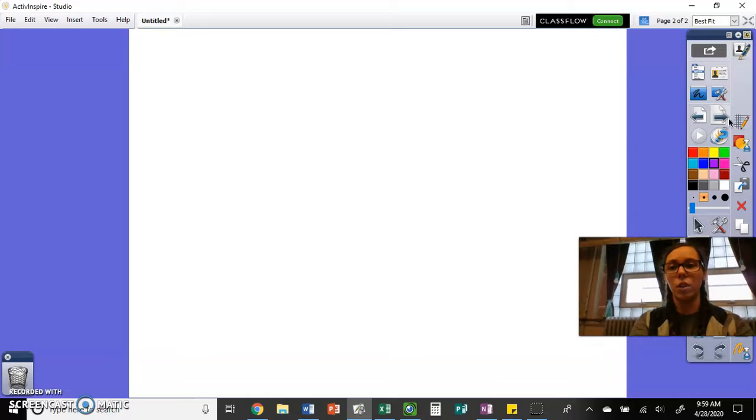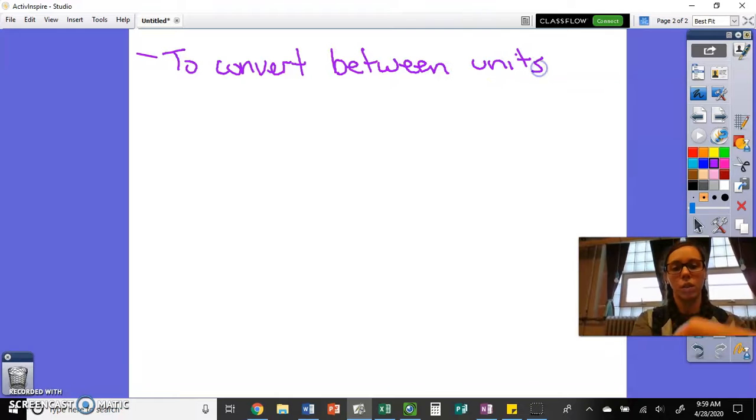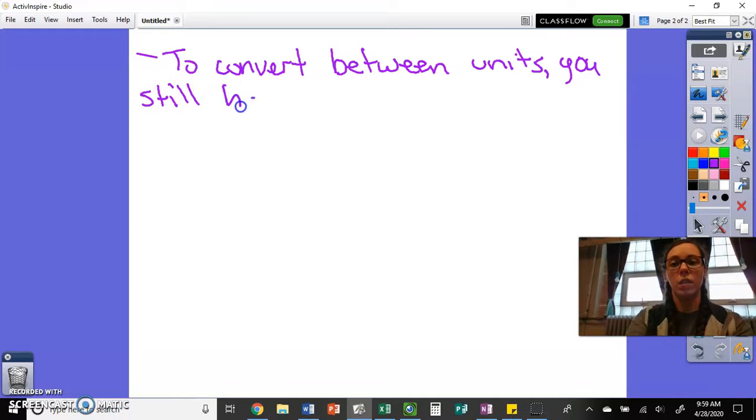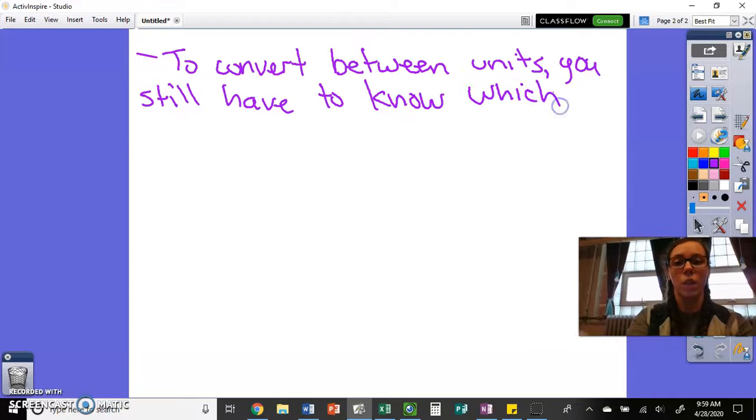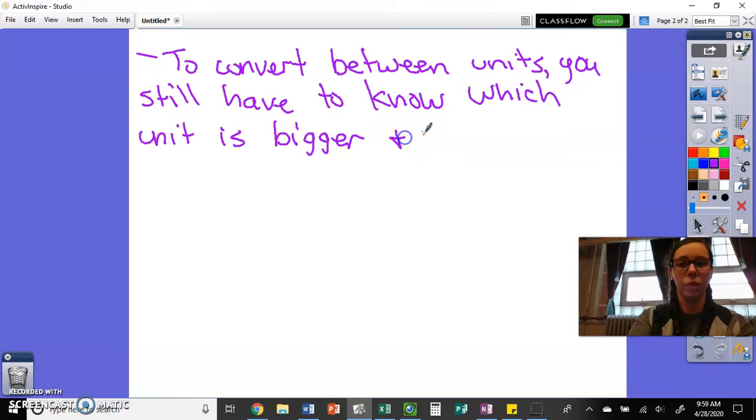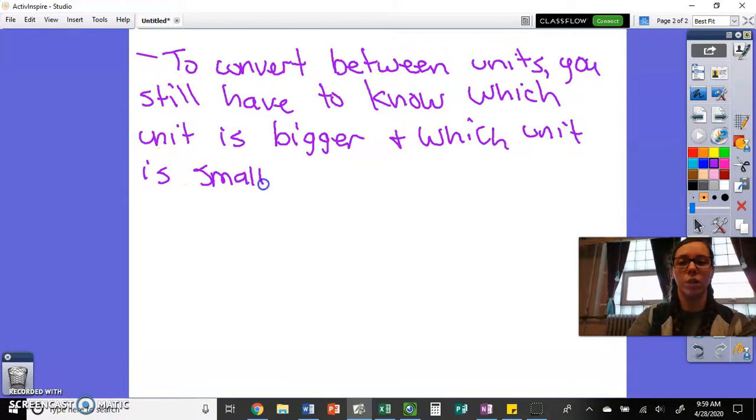Okay, so like I was saying, in order to convert between units, so going from like kilometer to meter or something like that, moving around on that chart, you still have to know which unit is bigger and which unit is smaller.